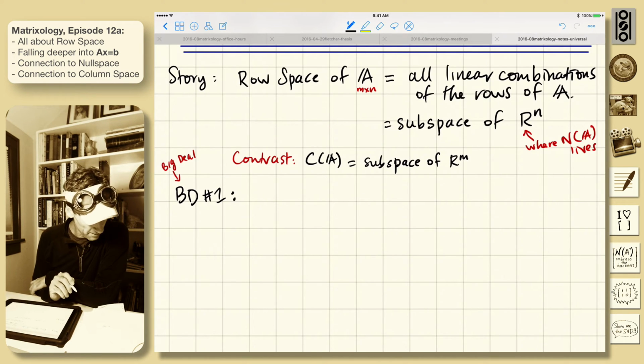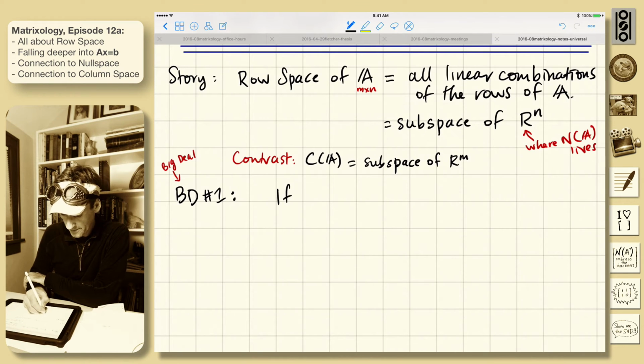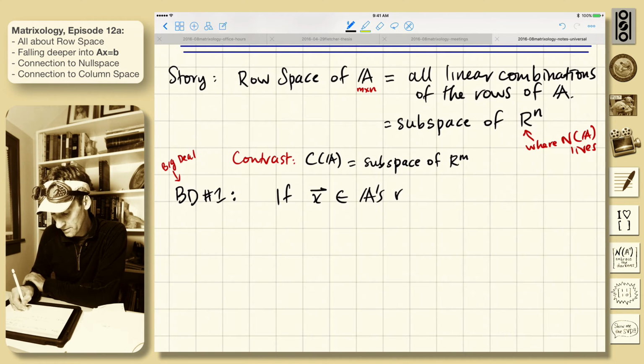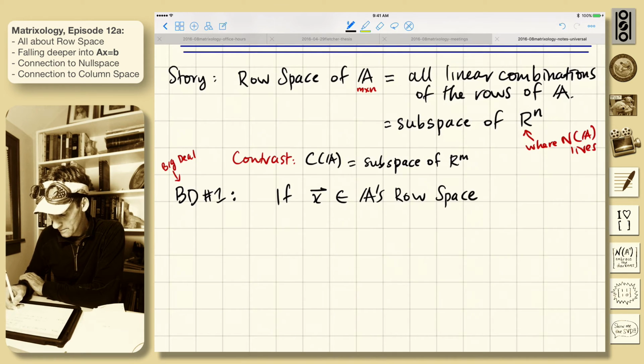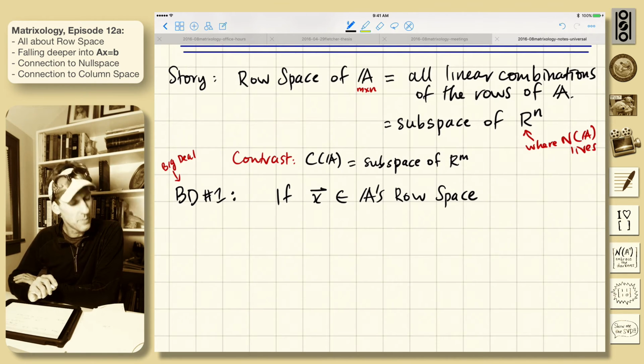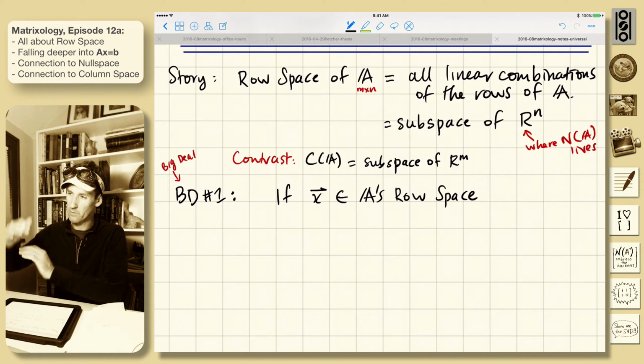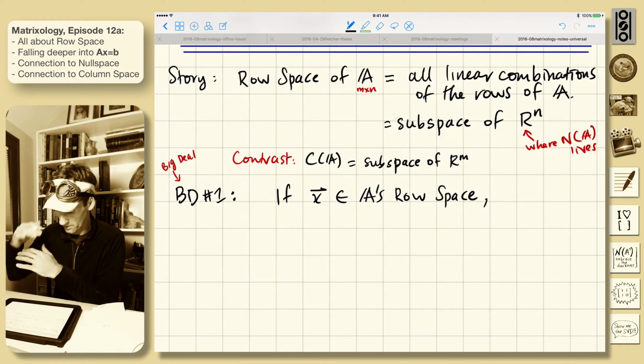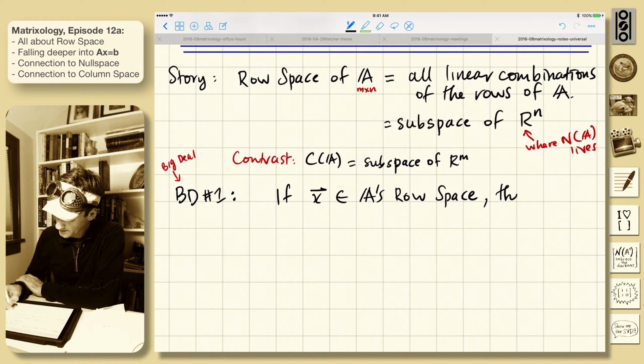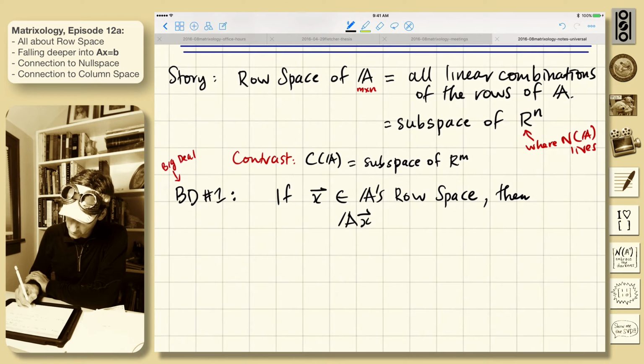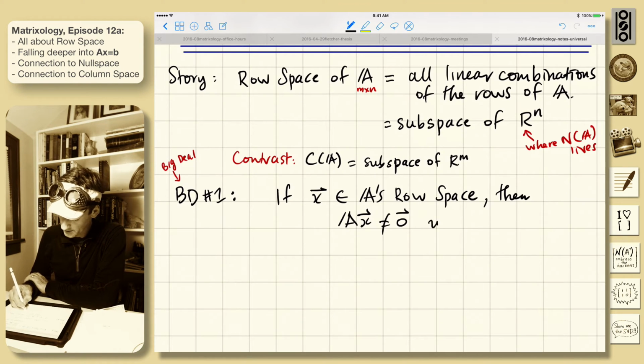Okay, so big deal number one is this. If x is in A's row space, then it's some combination of these rows, and A times x is not equal to 0 unless x equals 0.